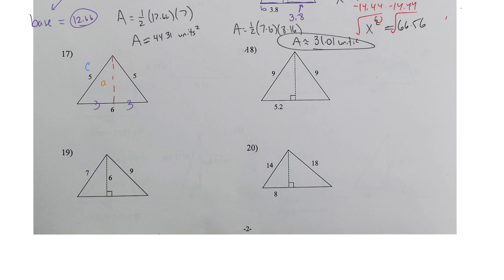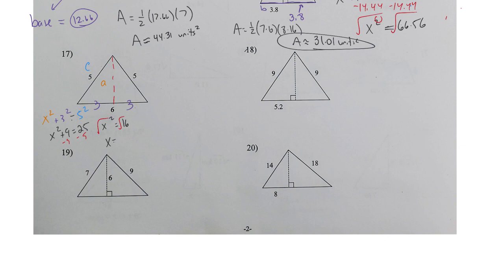So I'm going to say x squared plus 3 squared equals 5 squared. So I get x squared plus 9 equals 25. I minus 9 from both sides. X squared is going to be equal to 25 minus 9, which is 16. I square root both sides.